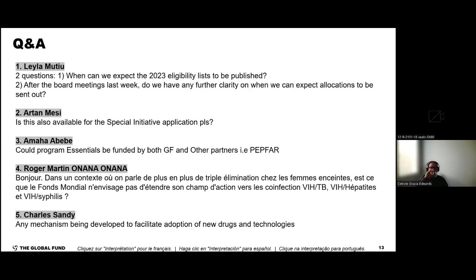We also are focusing on integrating HIV service delivery in HIV platforms for cervical cancer, NCDs, and mental health as well, in line with the WHO most updated guidelines.